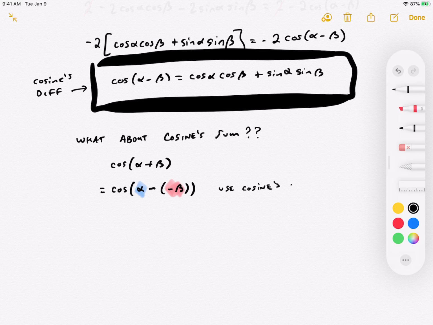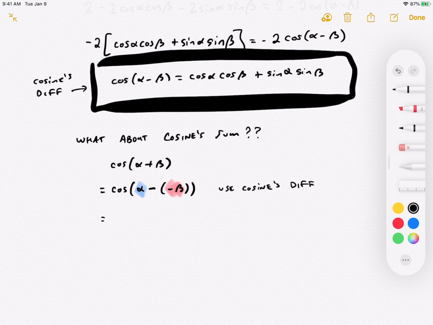Cosine's difference is going to work anytime we have two angles subtracted. No one said that those two angles had to both be positive, so I could think about them as cosine of alpha minus a negative beta. And let's just see how that's going to work out.